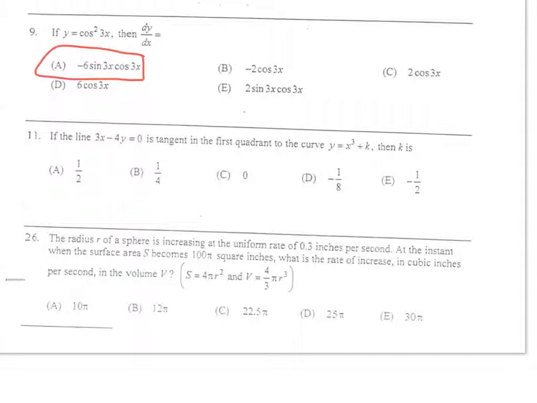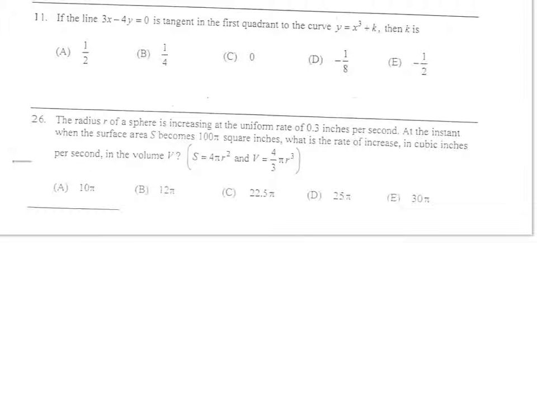Number 11, I did want to go through. I think 11 would be a good one to take another second or two on. 3x minus 4y is tangent in the first quadrant to the graph y equals x cubed plus k, and k is what we're trying to figure out.